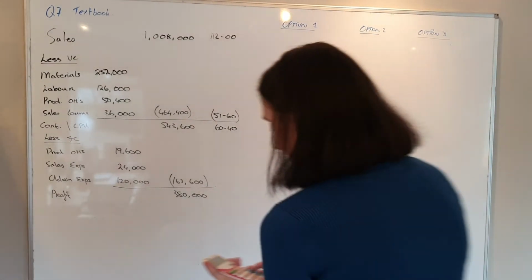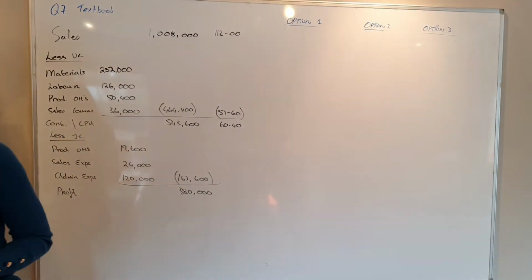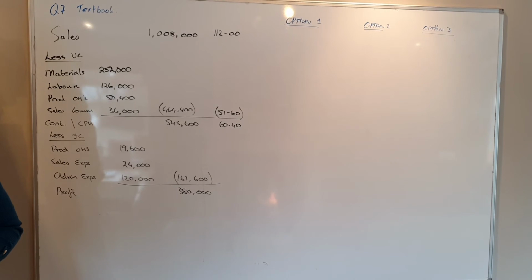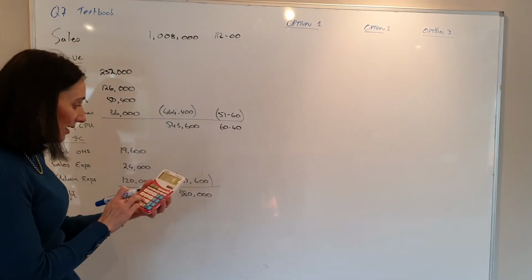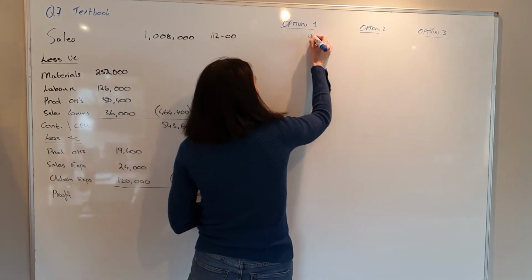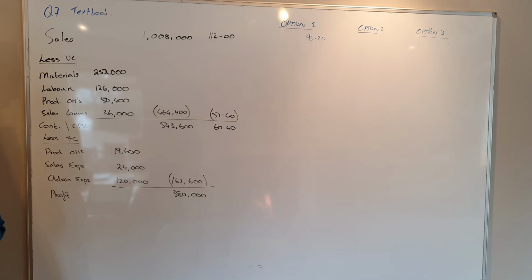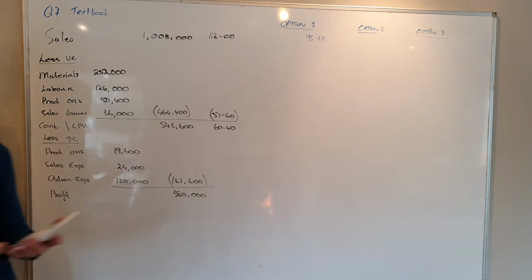Okay, to do the next one, they're giving you 3 options. So I'm going to look at each of the options individually. In option number 1, they reduce the selling price by 15%. So 112 less 15%, your selling price is €95.20. It says you would increase the sales volume by 20%.